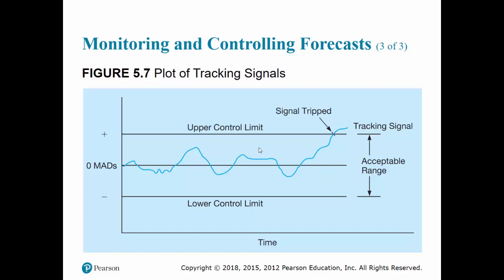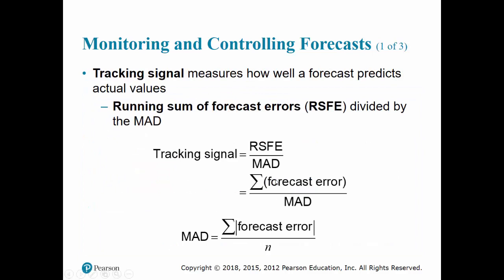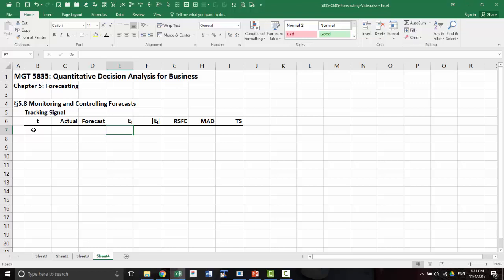Let's look at how to compute this running sum of forecast error and the running MAD. This MAD is different from the MADs that we calculated for the purpose of comparing different models or different parameter values. Here let's start.